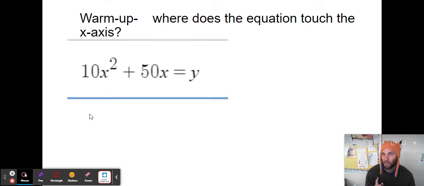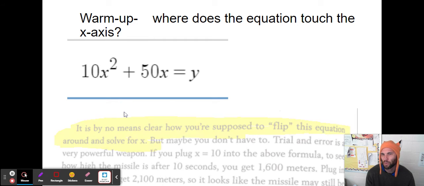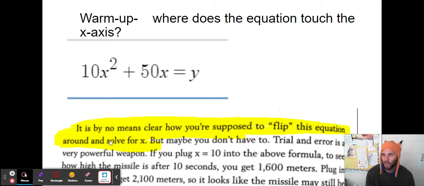Now, where does this touch the x-axis? You still want to set y to 0, but then it becomes where you can't undo it. In the reading of the book, How Not to Be Wrong, it says it's by no means clear how you're supposed to flip this equation around to solve for x.